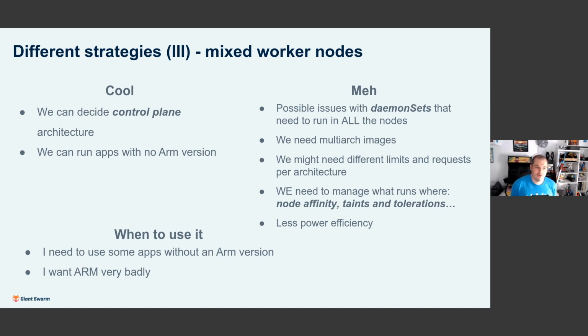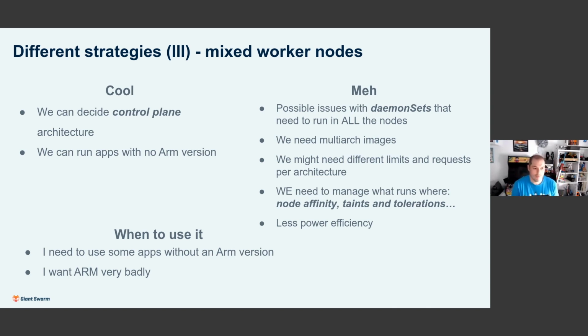And as you don't know the performance of the application in both architectures, and it very well might be different, you might need to set different limits. And this can't be done with current Kubernetes resources. So this could be a problem.